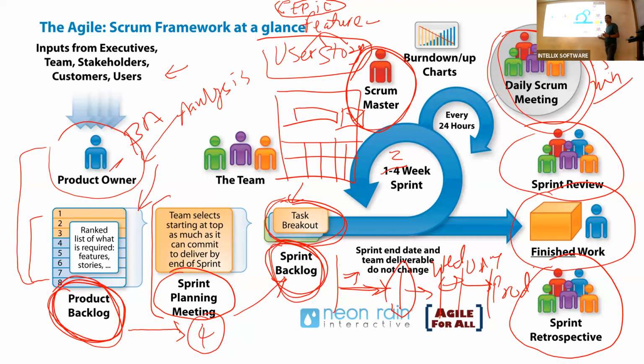Generally, by the end of the day, say they originally estimated in the task breakout a 10-hour development task for implementing the search button functionality. But as they are developing it, they find out, oh no, it's going to take me 20 hours. So they bump up the task. The burn down chart is never a straight line like this.